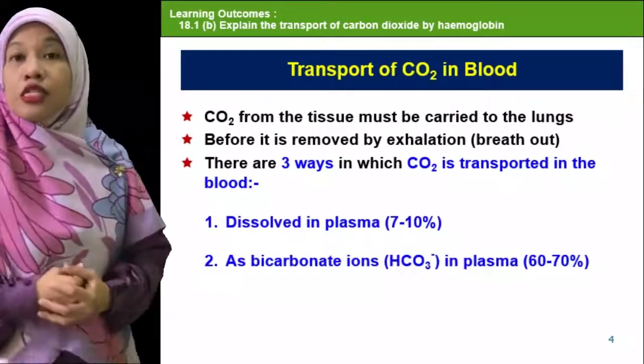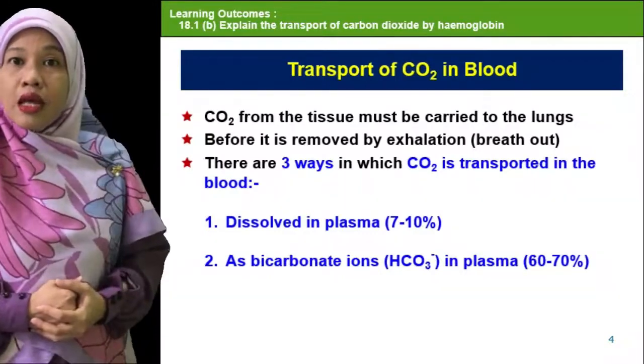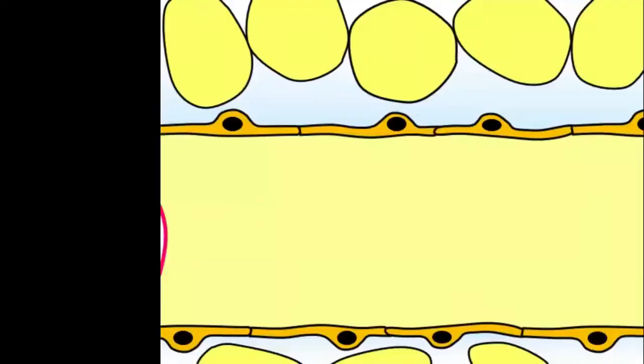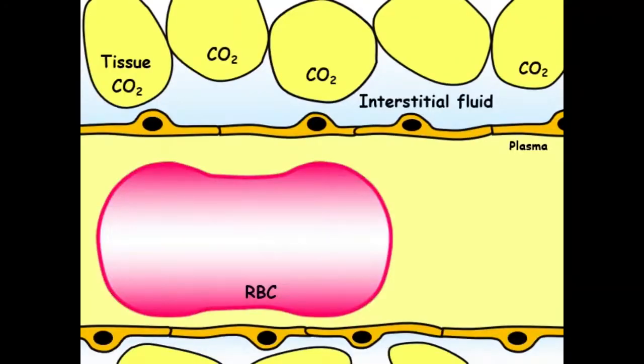Number 1 is to transport the carbon dioxide by dissolving it in the plasma. Some carbon dioxide from the tissue diffuses into the plasma and combines with the water to form carbonic acid.